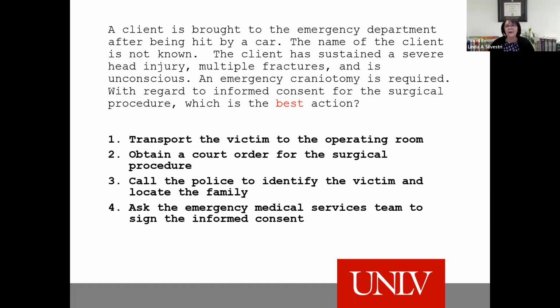Okay, so I get what you're asking now. If they had a Jehovah's Witness bracelet on, I think they would need to get surgical residents, surgical people who were in charge, and decisions would have to be made. They may have to get an emergency court order if they had no idea.